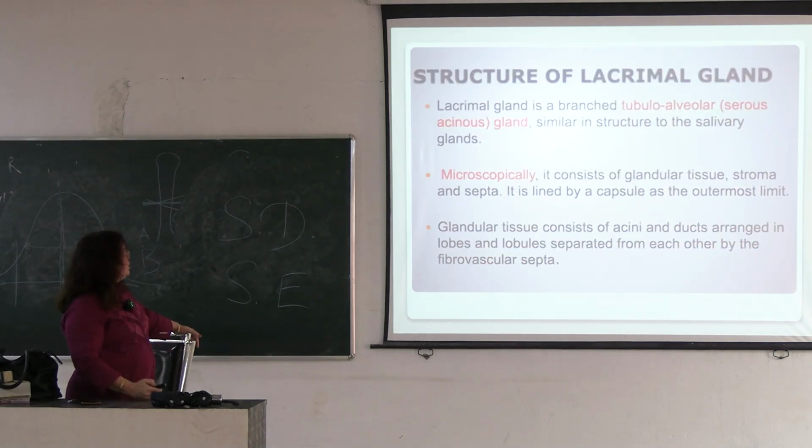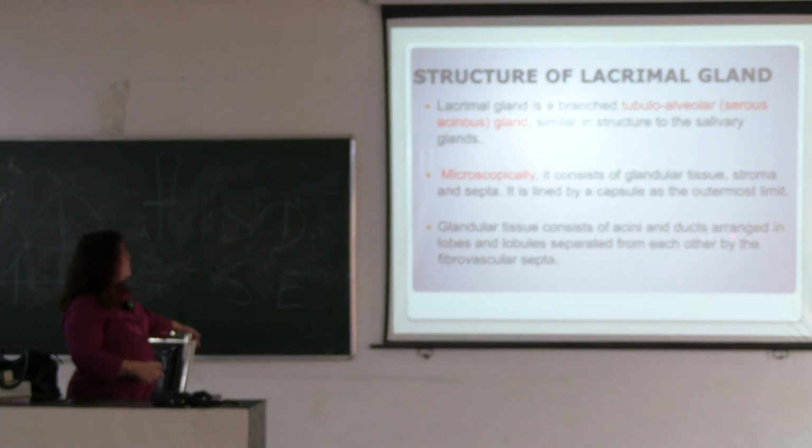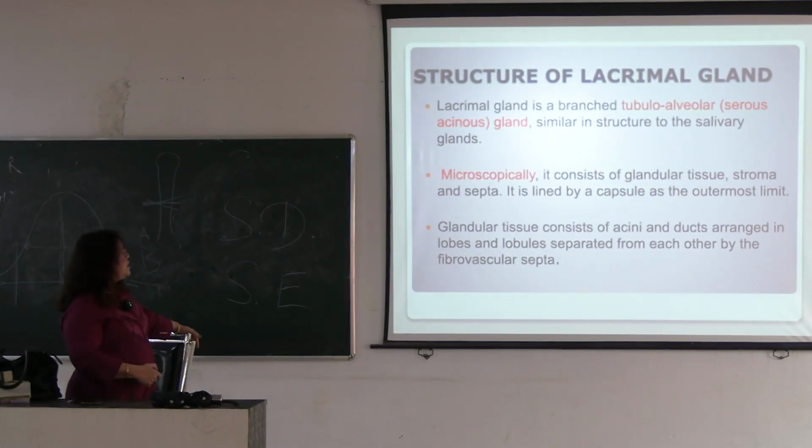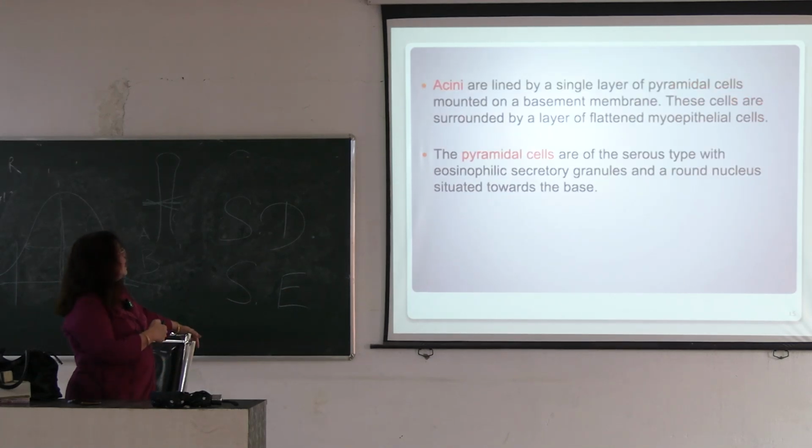So this is the microscopic structure. Microscopically, it is glandular tissue; stroma and septa are present. It is lined by the capsule as the outermost limit. Glandular tissue consists of acini and ducts, arranged in lobes and lobules, which are separated from each other by fibrovascular septa. It is an acinar type of gland, and the acini are pyramidal in shape.